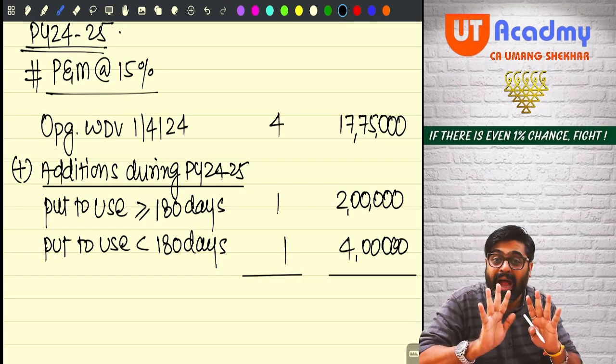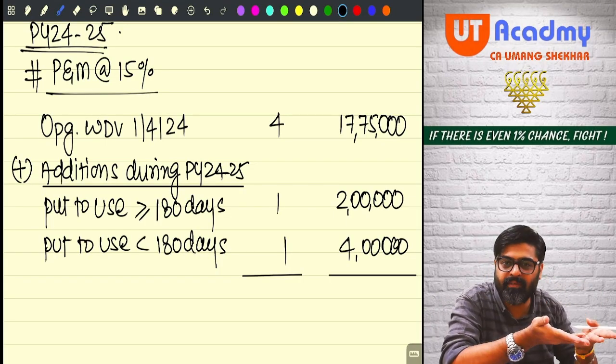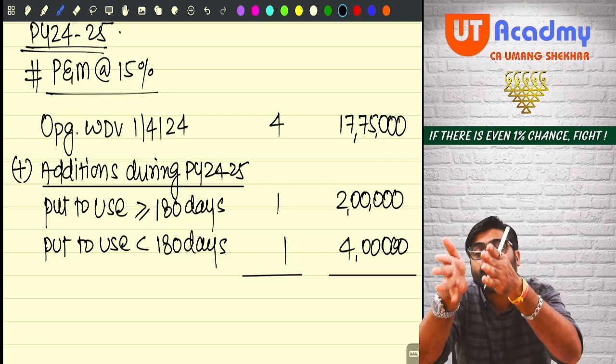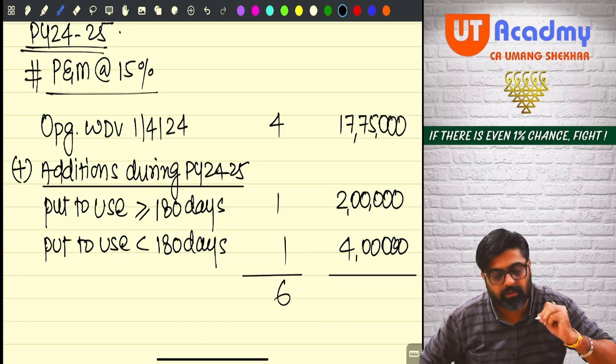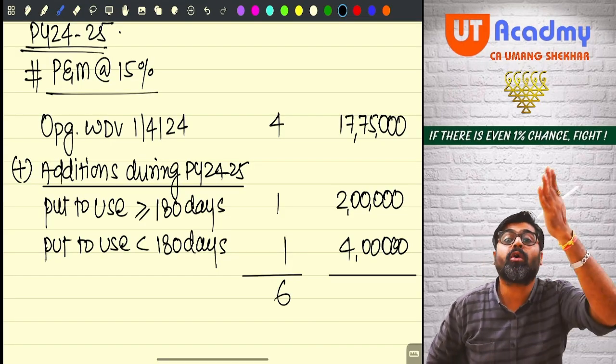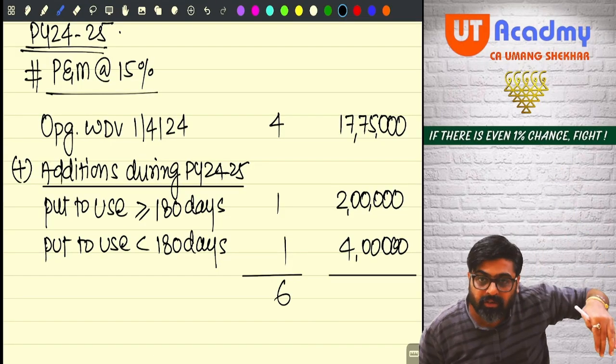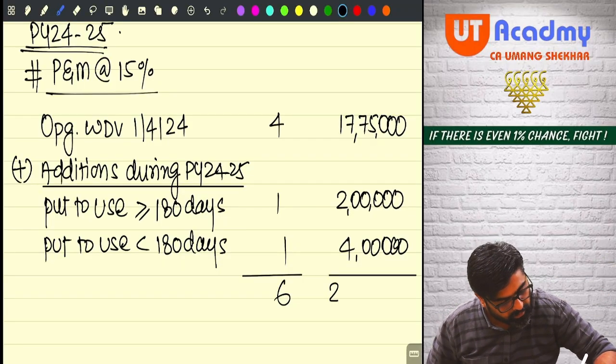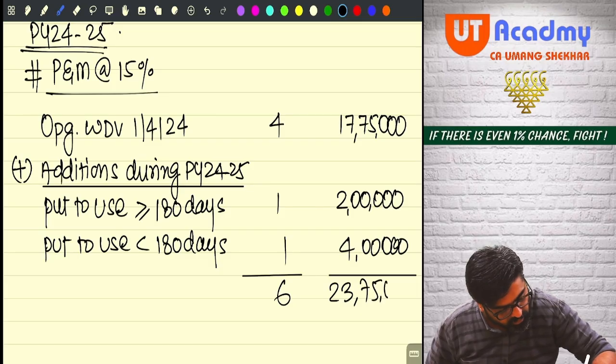Getting my point? So as on the last day of my previous year, how many assets should be there in the block? 6. What was the cost of all the assets remaining as on the last day? 17 plus 6 will give me 23,75,000. Yes or no?